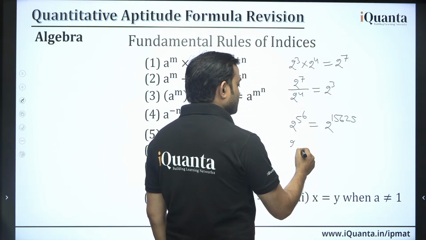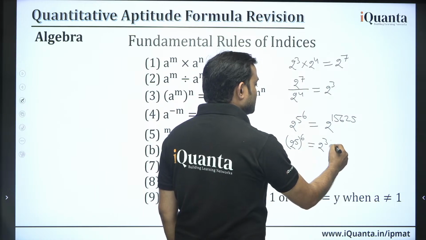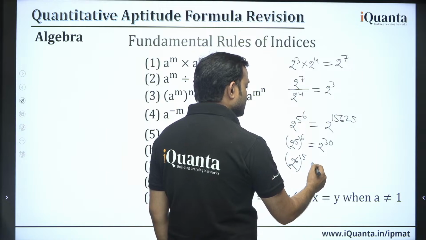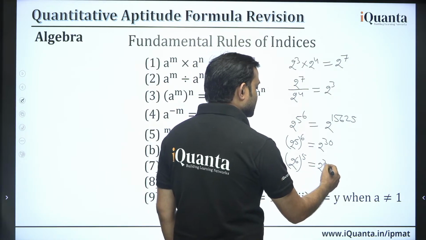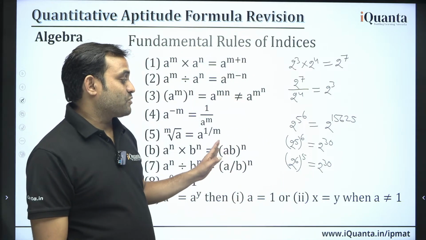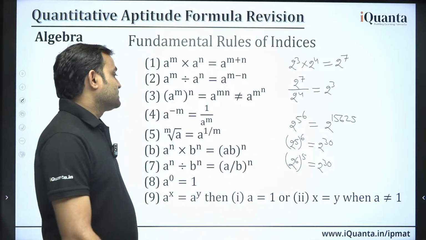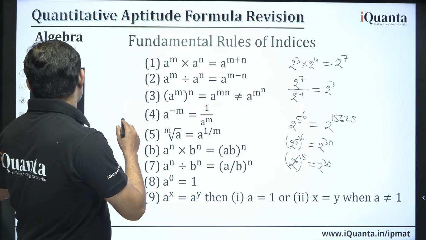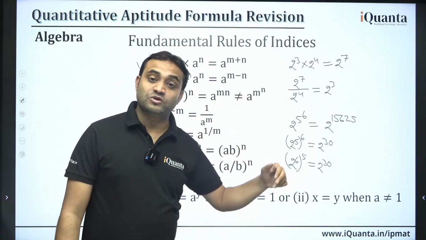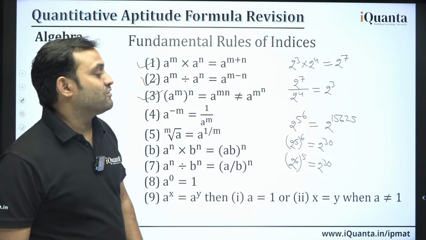But if we have 2 to the power (5 to the power 6), this will be equal to 2 to the power 15625, and (2 to the power 6) to the power 5 will be equal to 2 to the power 30. So in these types of situations, be careful here, remember that these two are not equal. So that's why (a to the power m) to the power n is equal to a to the power m into n, but this is not equal to a to the power (m to the power n).